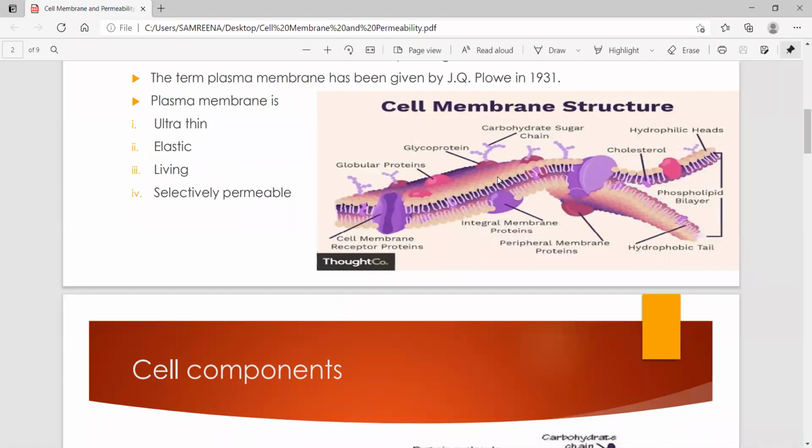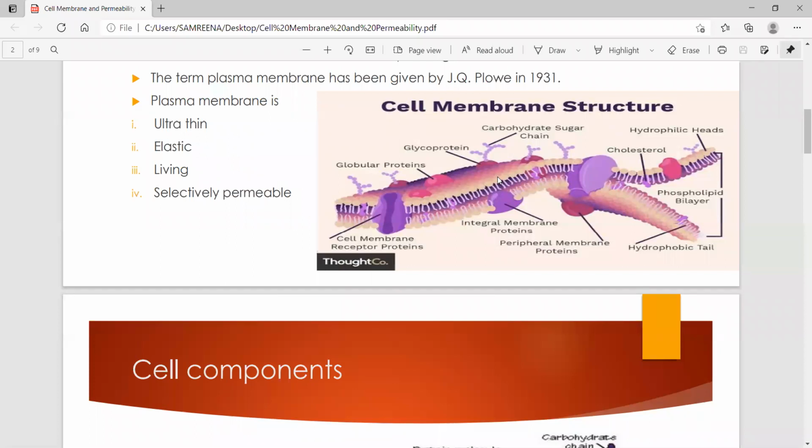When we say glycoprotein, it means the carbohydrate is attached to the proteins. We call them glycoproteins. Or they are attached on the polar end of the phospholipids, which are present at the external surface of the plasma membrane. Another class is the glycolipids.